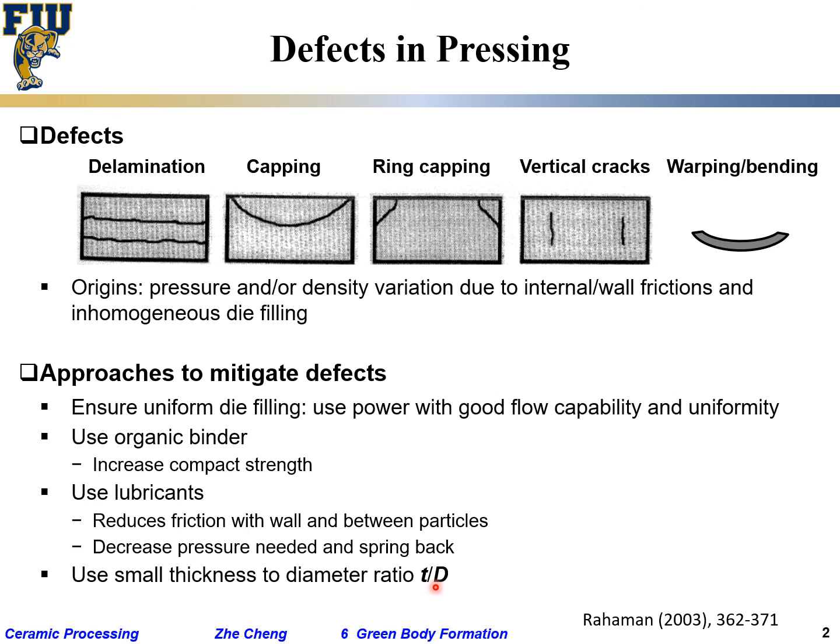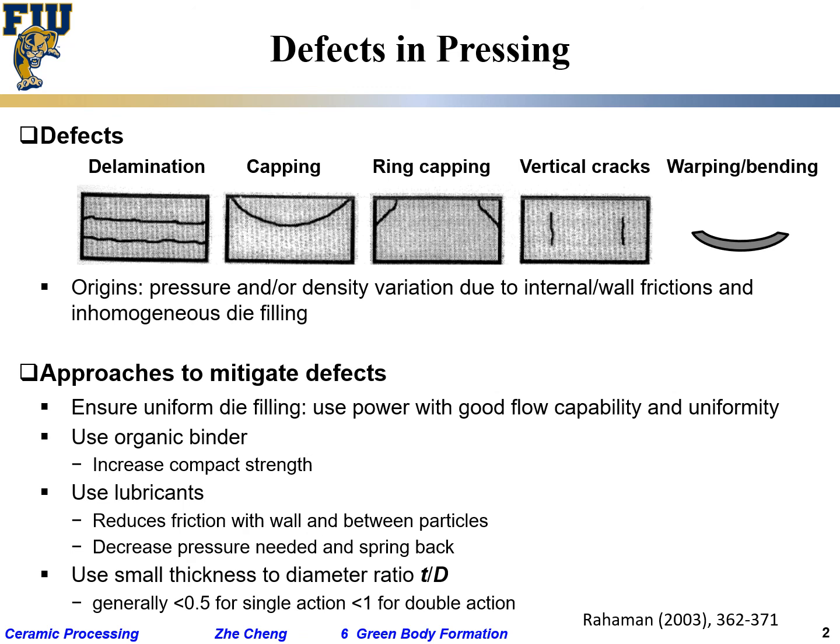Make sense? You want a pallet with relatively small thickness to diameter ratio, but you cannot go too thin, right? Too thin, mechanically it becomes unstable. Okay. Generally less than 0.5 for single action, or smaller than 1 for double action. So your thickness to diameter generally is roughly 1 or less than 1.